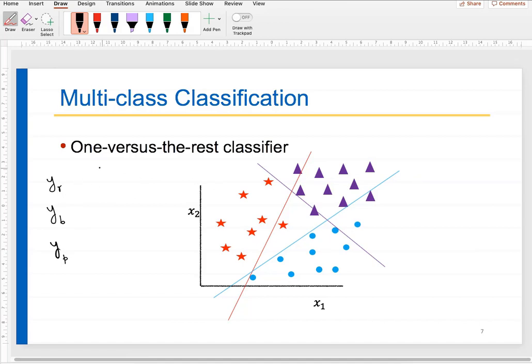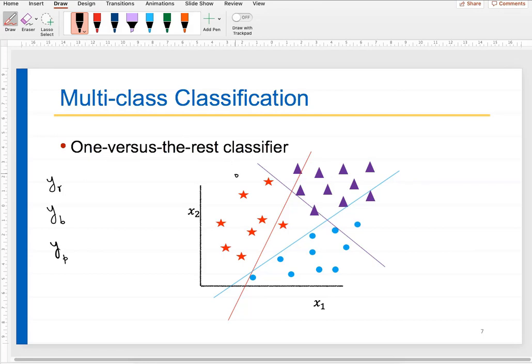The target value is 1 if it is actually a red rose and 0 if it is not a red rose. This one is 1 if it is actually a blue lotus and 0 if it is not. This one is 1 if it is a purple jasmine and 0 if it is not, right? Okay, let us say these are ideal classifiers.